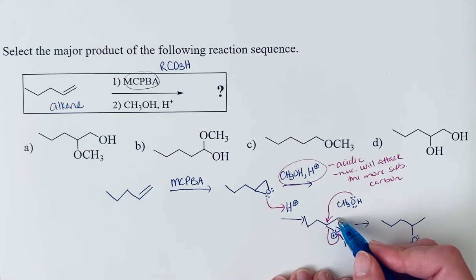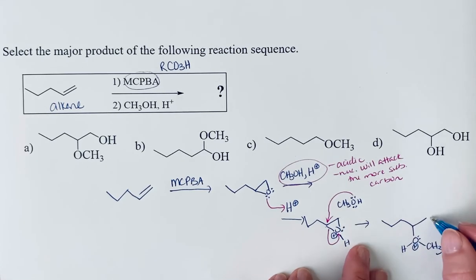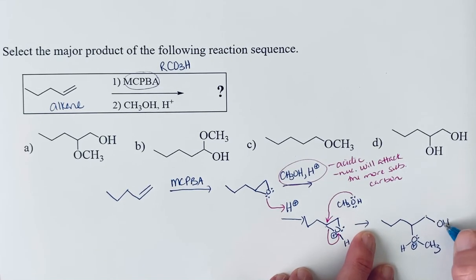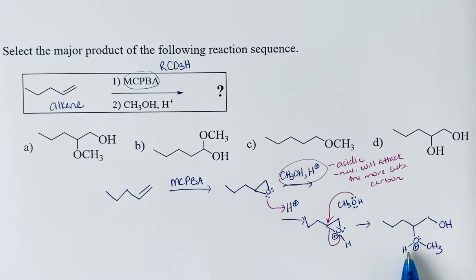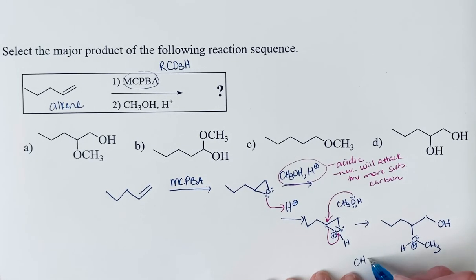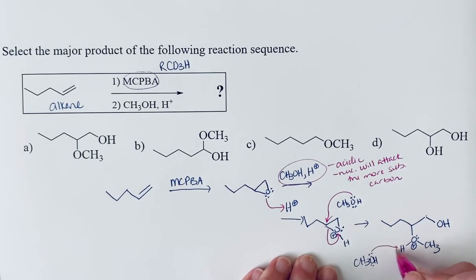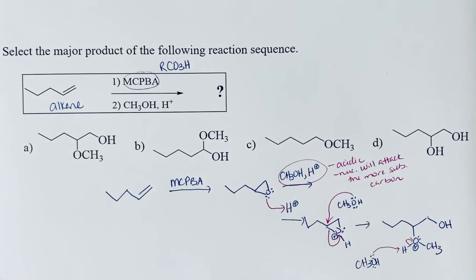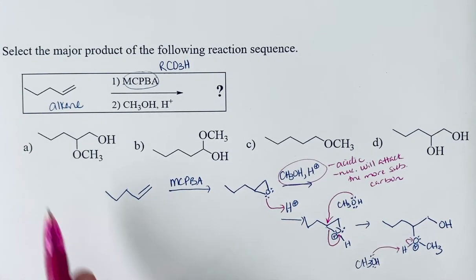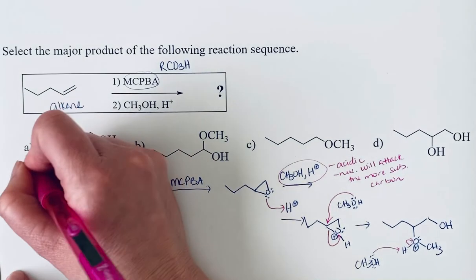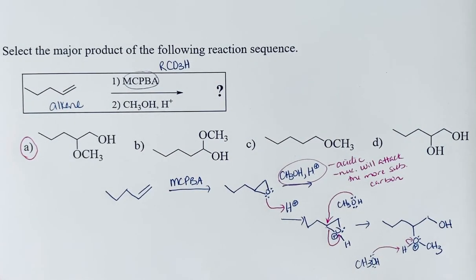And then the end carbon atom still has a bond to the OH. And so we can see if we just do one more proton transfer, so we should have plenty of methanol around to take that extra proton. And so if we take that off, we're going to see that we get the molecule that's shown as A. And so that is the final product of this series of steps.